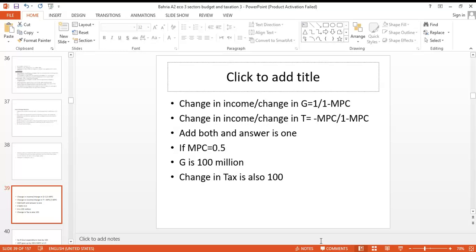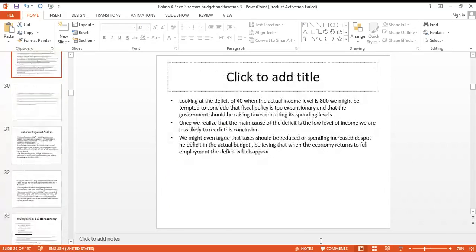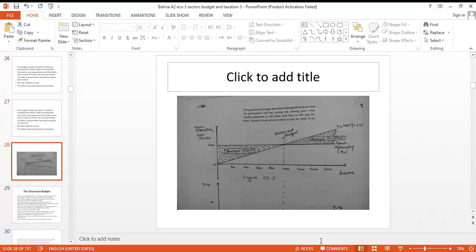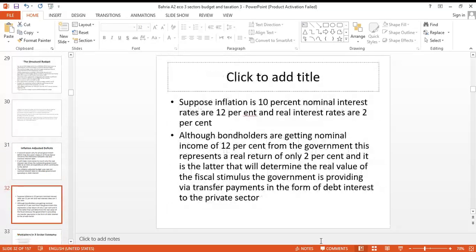Please recall the balanced budget, or I'll just show you the picture of the balanced budget again. So the balanced budget is the situation where the government revenue completely equals the government expenditure. So whatever the government is earning, it is spending. So the budget is in balance.